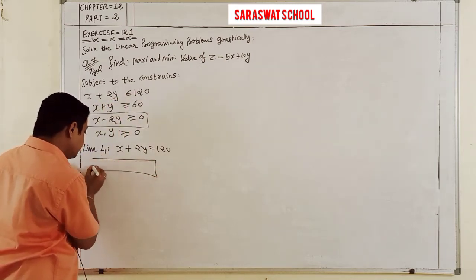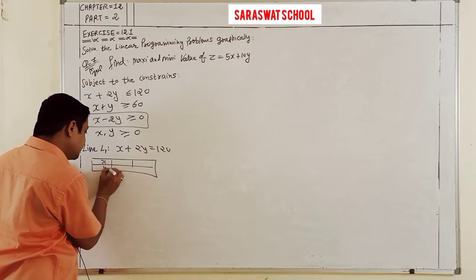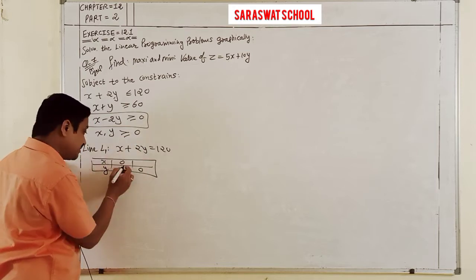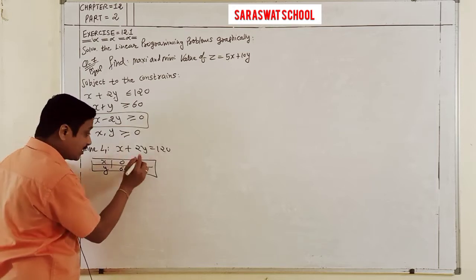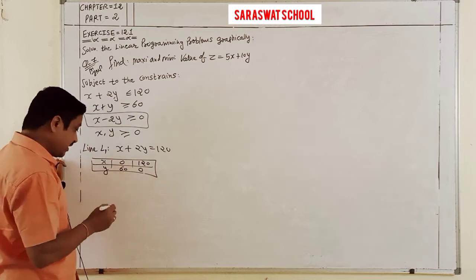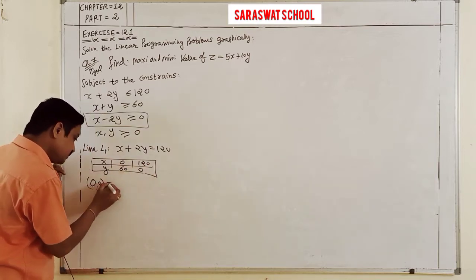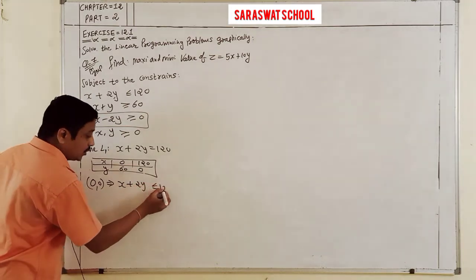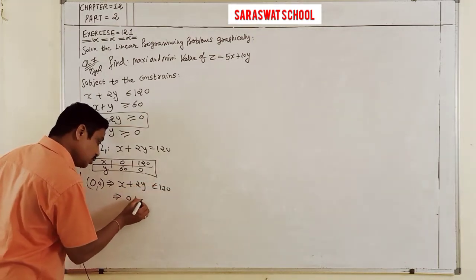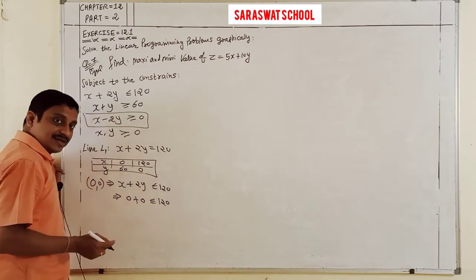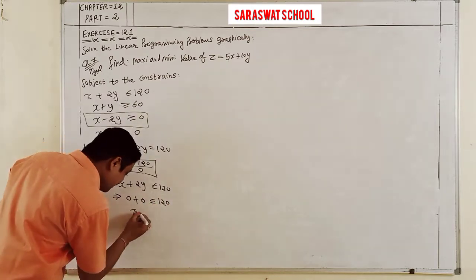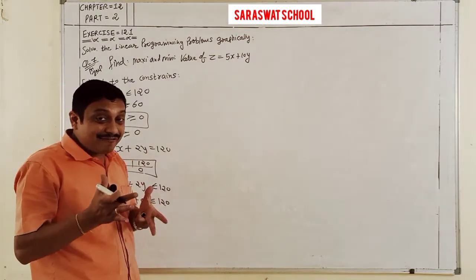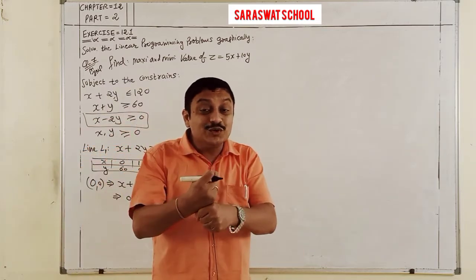Go to the table: x = 0, y = 60, but y = 0, x = 120. Check with the origin: is 0 + 0 ≤ 120? Surely it is true, so the graph for L1 is shaded towards the origin.